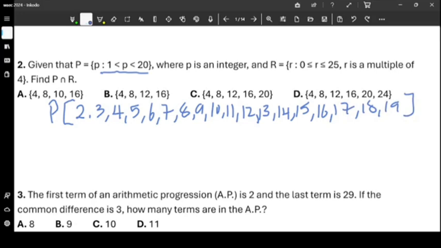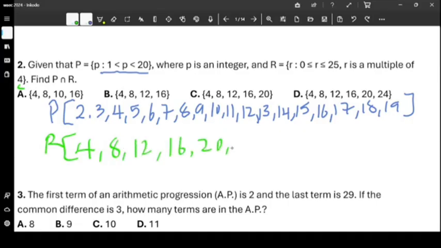And then for R, since R is a multiple of 4, what are the multiples of 4 between 0 and 25? We have 4, 8, 12, 16, 20, 24, and that's it. All right. So these are the elements in set P and R.